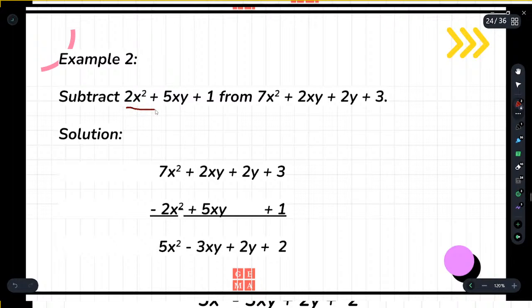Subtract 2x squared plus 5xy plus 1 from 7x squared plus 2xy plus 2y plus 3. So now we have got two different algebraic expressions and we have to subtract this from this.